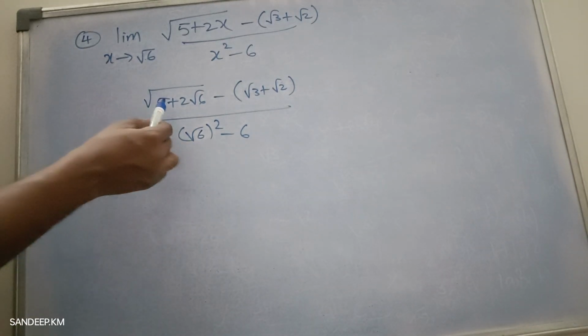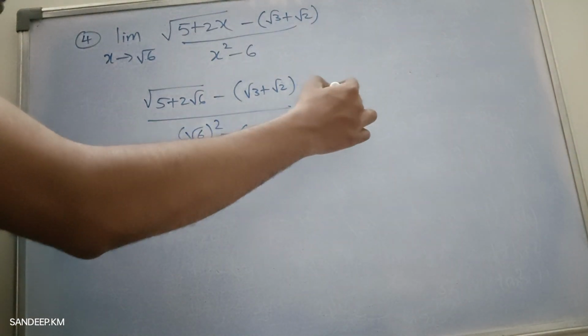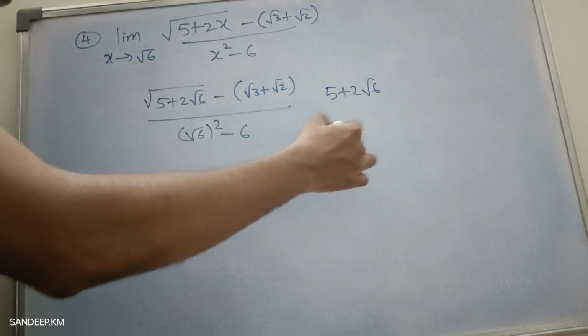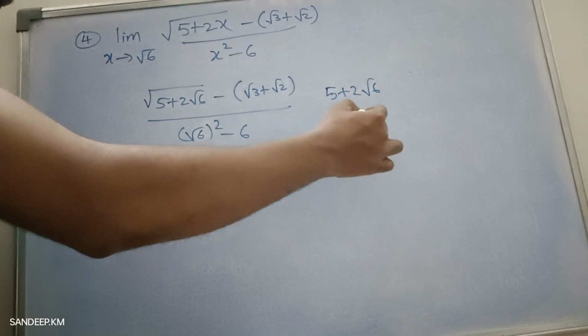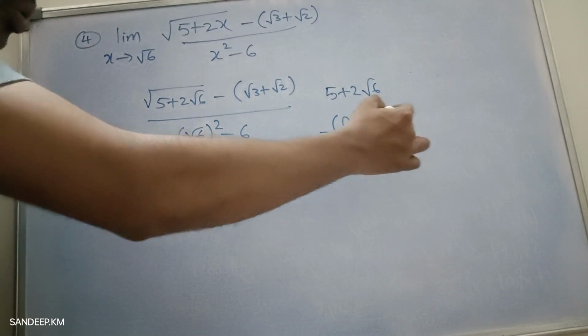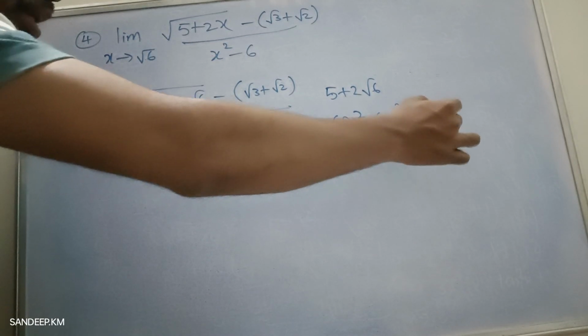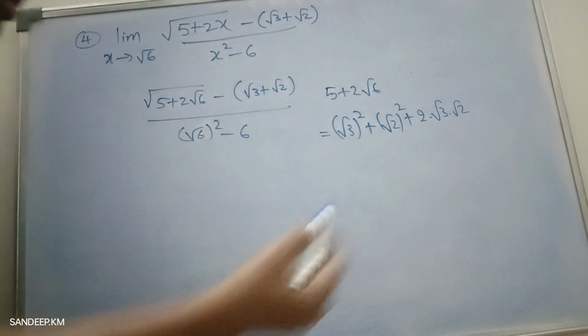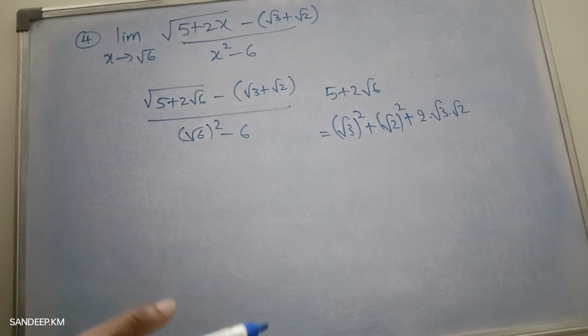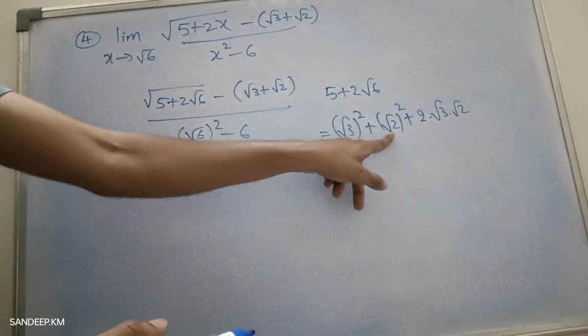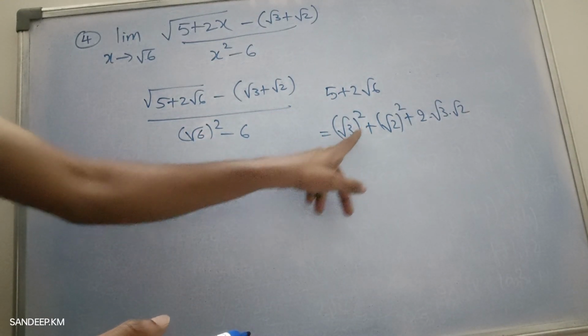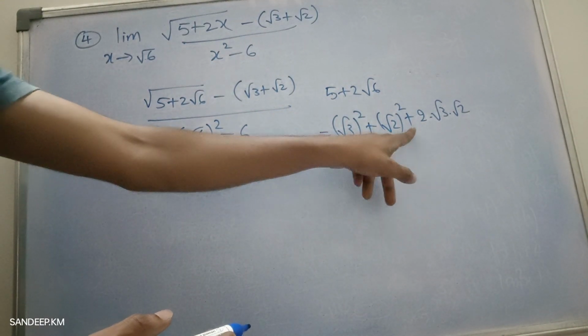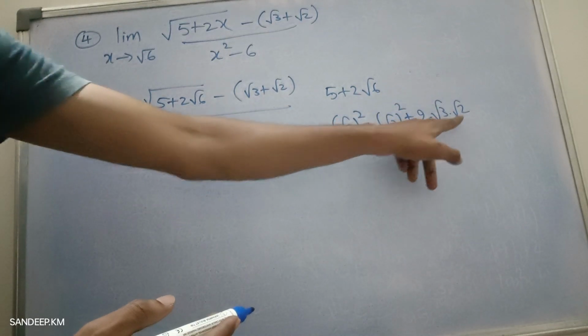Correct or not? And at the same time, do you know that 5 plus 2 root 6 is root 3 square plus root 2 square plus 2 into root 3 into root 2? In the topic of surds, you should have learned it. 5 is 3 plus 2 and I wrote 3 as root 3 square and 2 as root 2 square, plus 2 into root 6 is root 3 into root 2.